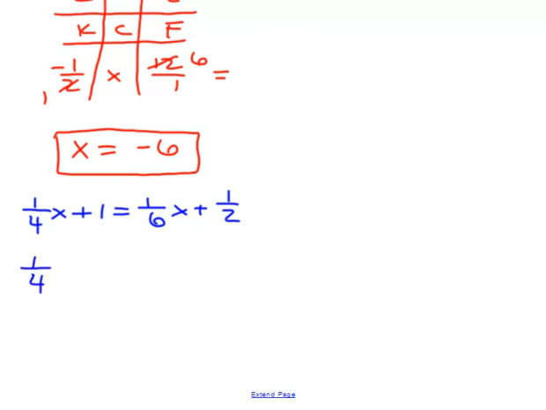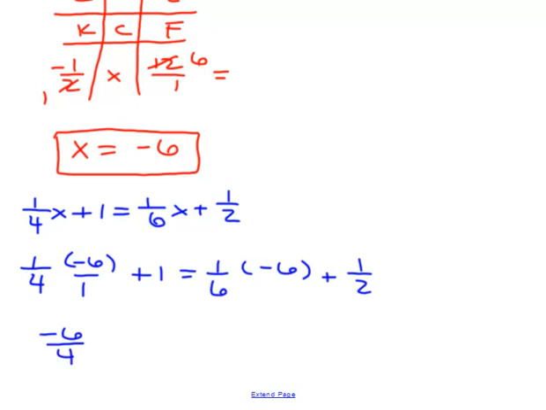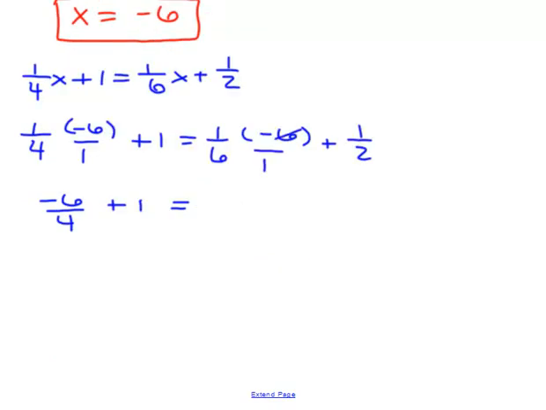So 1/4 times negative 6 plus 1 equals 1/6 times negative 6 plus 1/2. All right, so put that guy over 1, so that's going to be negative 6 over 4 plus 1 equals, put that guy over 1, cross cancel. That's going to be negative 1 plus 1/2.